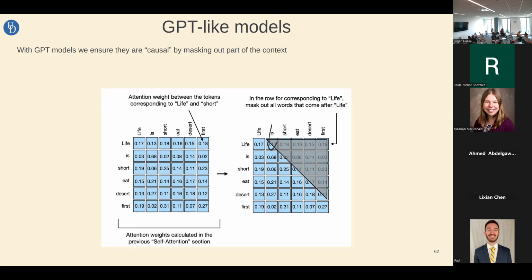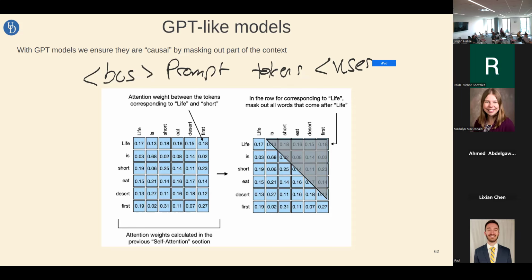The reason this is useful is because of the way these models are used for generation. ChatGPT basically has a beginning of sequence, or whatever the start token is, and here's their prompt tokens. Here's another special token for user, right? But then it has an EOS, end of sequence.